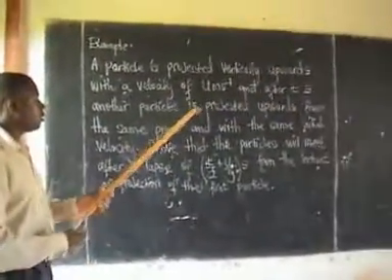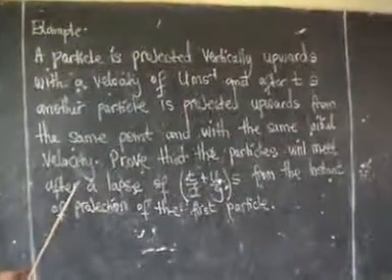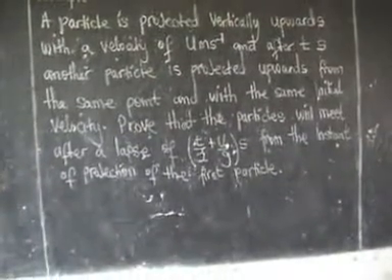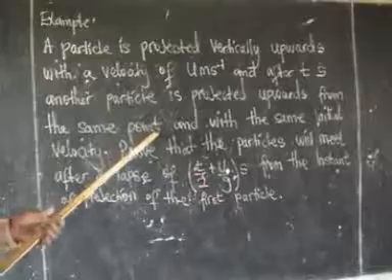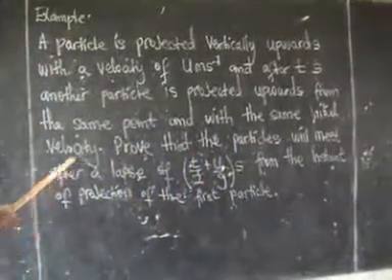A particle is projected vertically upwards with a velocity of u meters per second, and after t seconds another particle is projected upwards from the same point and with the same initial velocity.